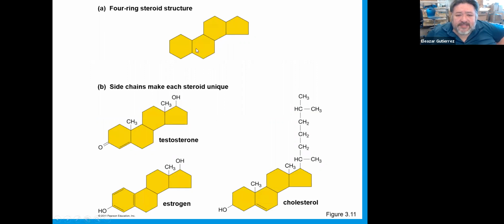This is a steroid, but this steroid can function as a messenger, such as testosterone in men and estrogen in women, or it can function as a means of breaking up plasma membranes as cholesterol. So this has a lot of roles. It can function as a messenger, or it can function to disrupt plasma membranes.